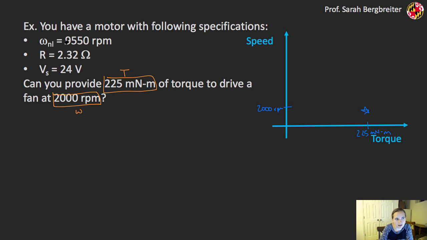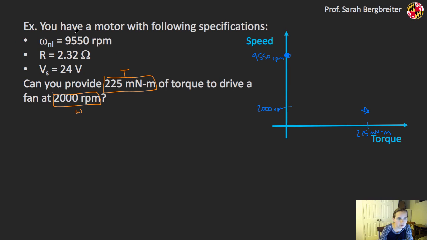So some other numbers that I can put in here, I know my no-load speed is close to 9.55 kilo RPM, so that's somewhere up here, 9550 RPM. I haven't given you a stall torque here, but it's something that we could actually calculate. So the first thing I'm going to do is try to figure out some of my motor constants.